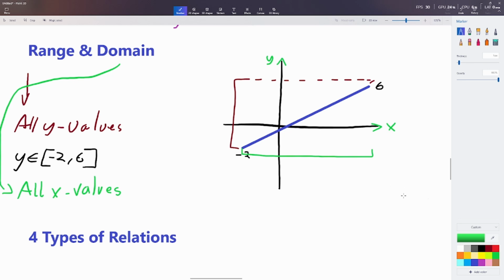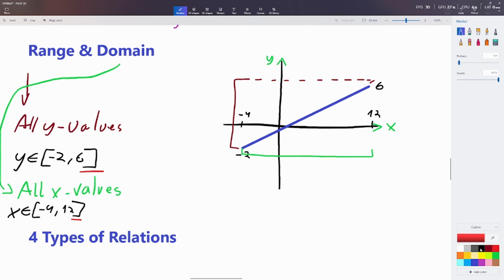And here you can see that, let's say this is -4, and here it is 12. These are also just random examples, and then you can write down your domain as -4 to 12. And they always have to be closed brackets when you're dealing with the points that are actually passed.